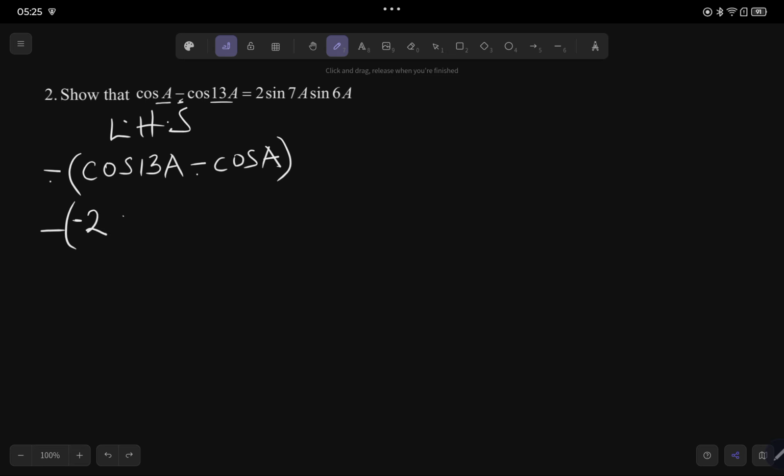It is negative 2 sine. You add the angles, 13A plus A out of 2, then sine again, 13A minus A divided by 2. Negative negative brings us a positive.